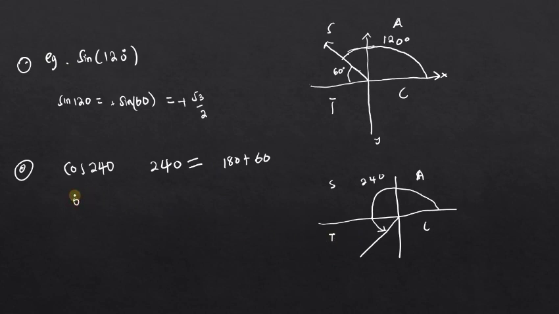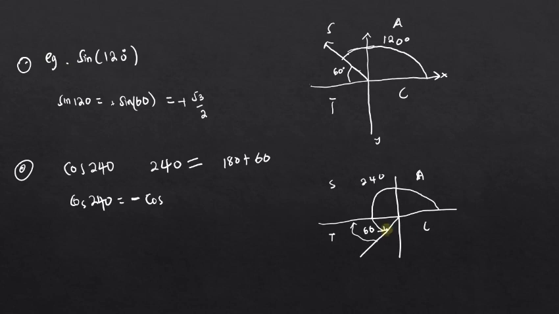So the cos of 240 will be equal to negative, because negative is the sign, then cos of the associated acute angle, which is 60 degrees, the angle that this line makes with the x-axis in this quadrant.